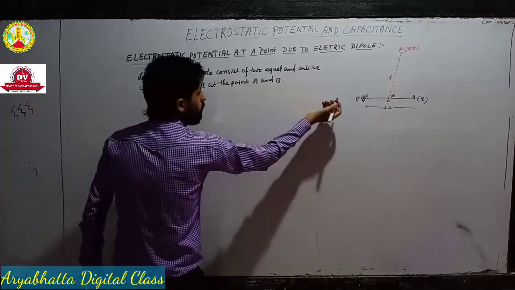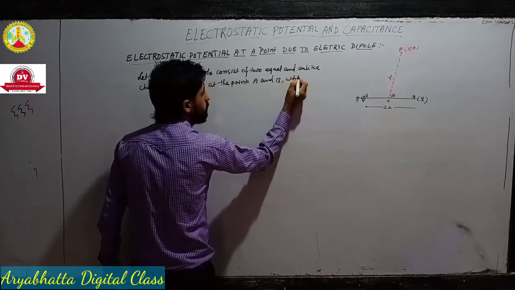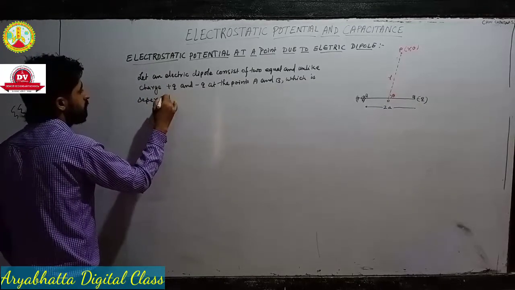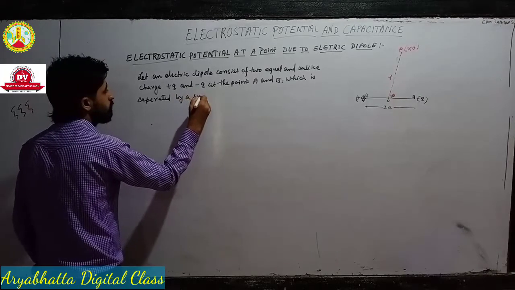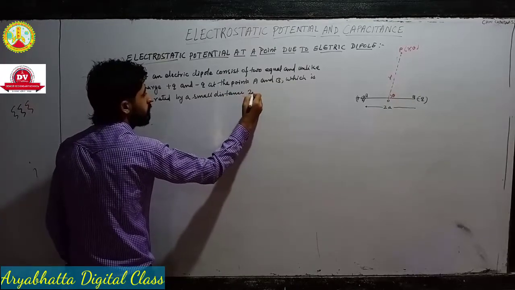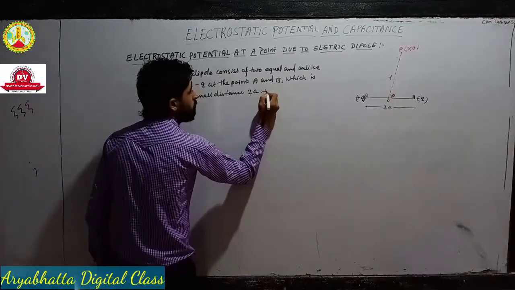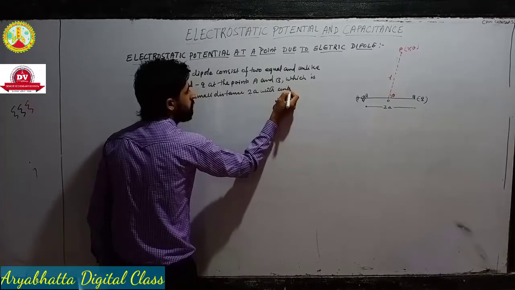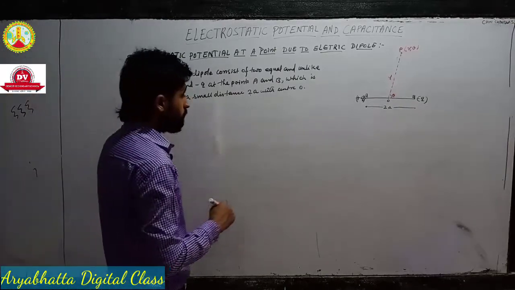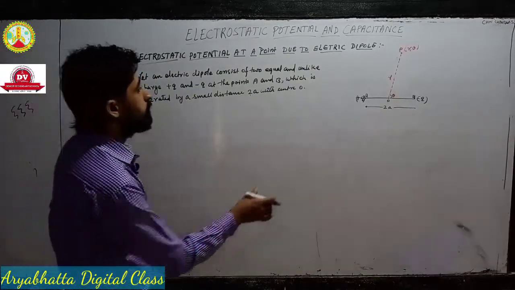Now it is separated by a distance of how much? 2a, separated by a small distance 2a with center O. Now tell me, what will be the dipole moment for this dipole?